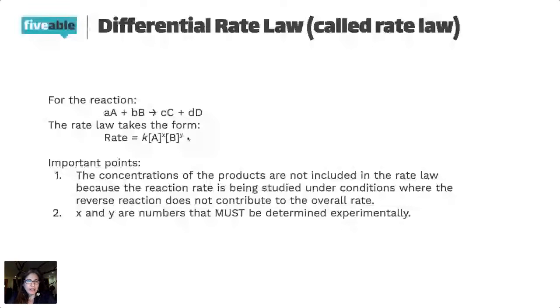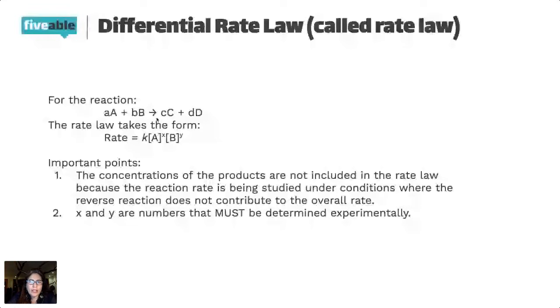Important points to consider in this rate law: yes, K is a constant. Yes, Dakota, K is a constant, correct? For the concentration, we're only going to consider reactants, never products in kinetics. Why? Because we are going to study the reactions under conditions where the reverse reaction won't contribute that much.